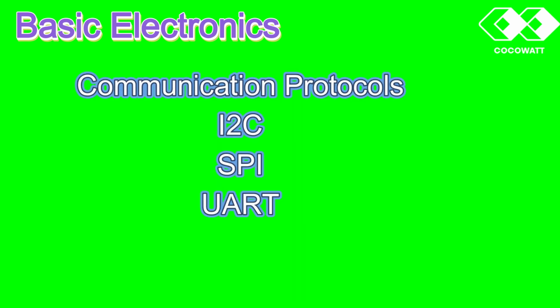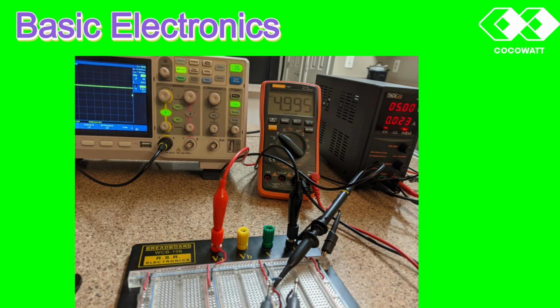Additionally, knowing how to use communication protocols like I2C, SPI, and UART allows you to connect embedded systems to sensors, actuators, and other devices. Lastly, tools like the multimeter and oscilloscope are vital for troubleshooting circuits and ensuring everything works as expected. Mastering these concepts will help you design, debug, and optimize embedded systems effectively.